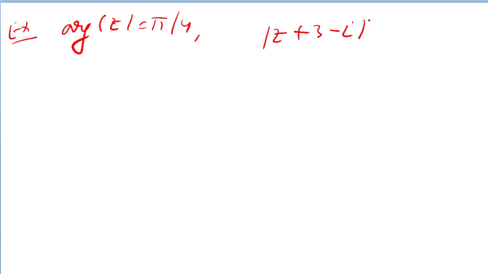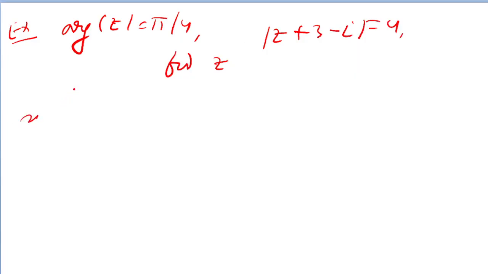Okay, let's do one example. Let's say argument of z is pi by 4 and modulus of z plus 3 minus i is equal to 4. Find the value of z. So how will we solve it?